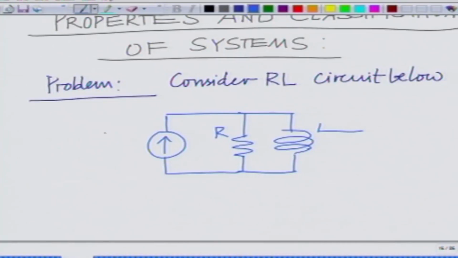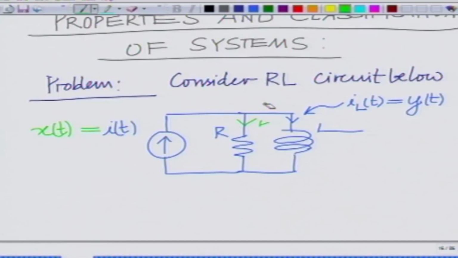The current is the input, x of t. The current through the inductor is the output. And this is the current through the resistor. This is an RL circuit.